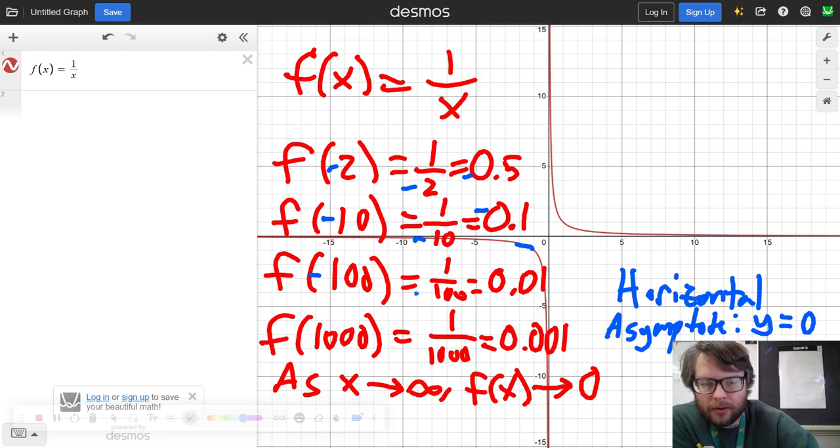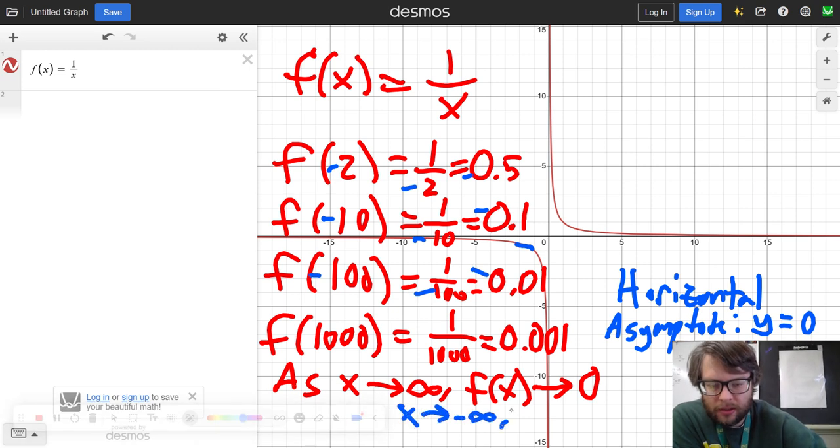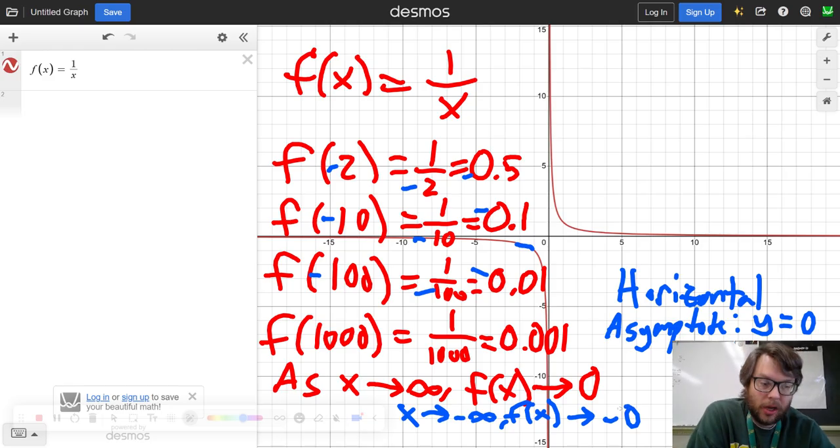Negative 100, 1 divided by negative 100, negative 0.01. So now we can say that as x approaches negative infinity, f of x approaches, some people might write negative 0. That's fine. There's really nothing wrong with writing negative 0. Most people just write regular 0.